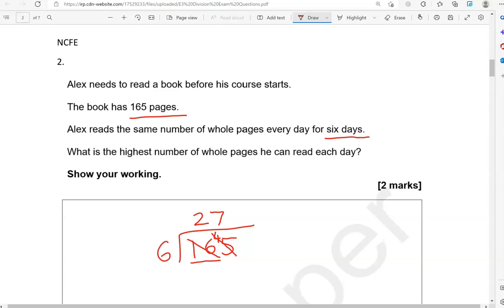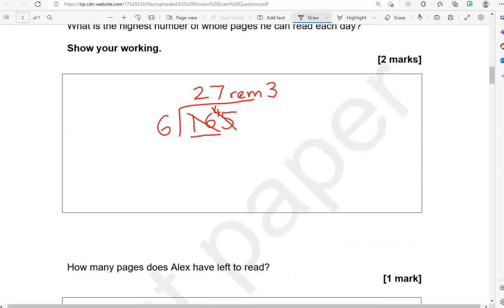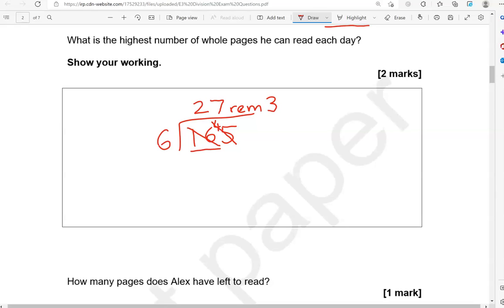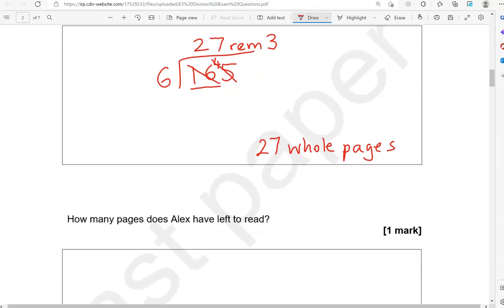If I take away 42 from the 45, that means I have 3 remaining. So it's 27 whole pages. How many pages does Alex have left to read? That is 3.